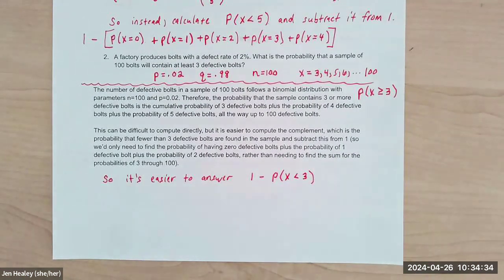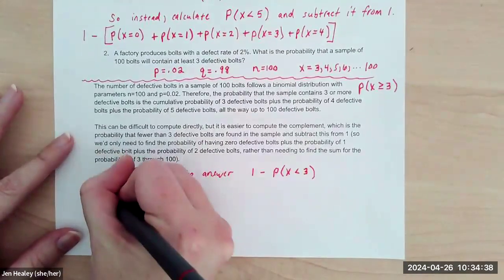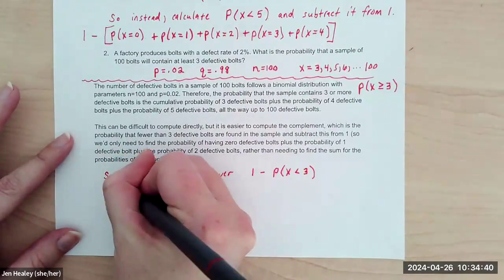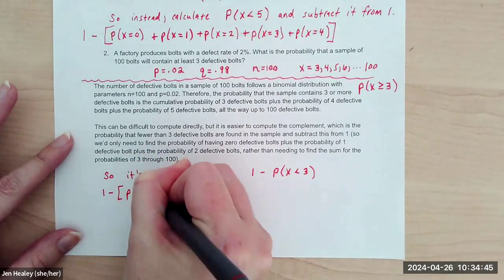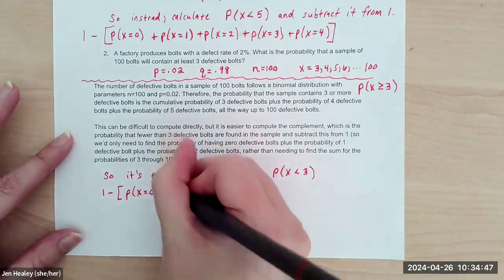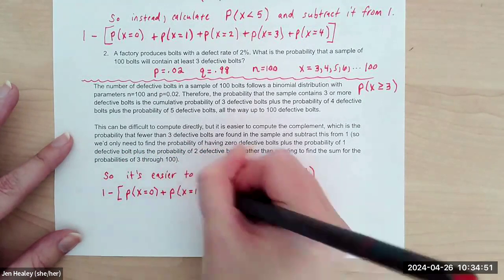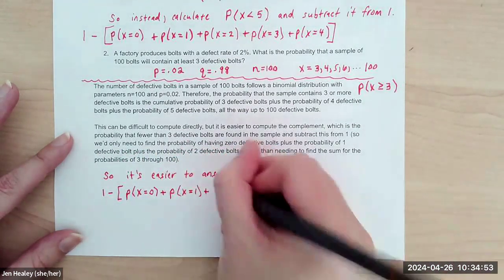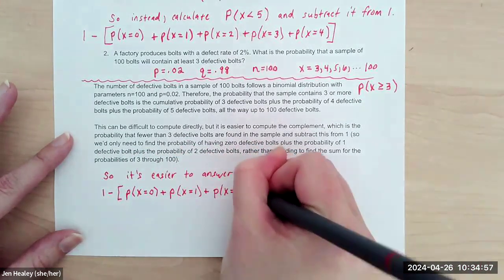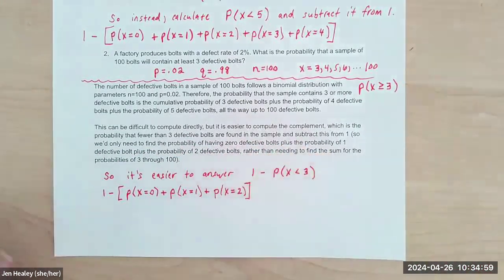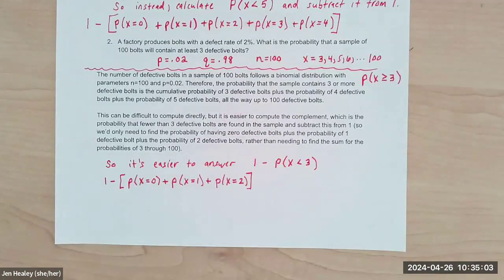In terms of what that calculation would look like, you need to calculate 1 minus the probability that X is equal to 0 defective bolts, plus the probability that X is equal to 1 defective bolt, plus the probability that X is equal to 2 defective bolts. So we would have to do 3 of those calculations, but that's not really that bad.